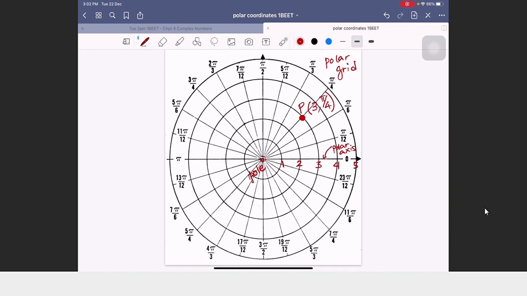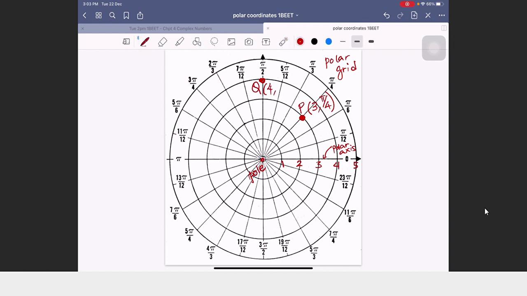Now I'm talking about this point, Q. What is my coordinate for point Q? It is 4 units from the pole: 1, 2, 3, 4, or you can just see this circle has 4 units. So r is 4.